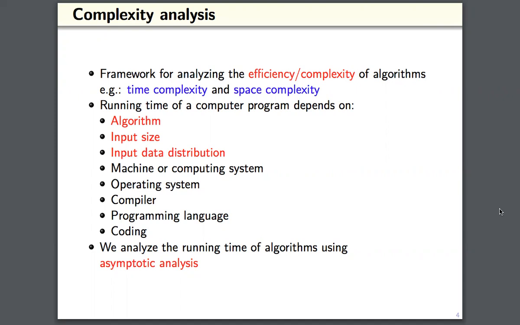The practical performance or runtime depends on the algorithm itself, the computer on which it is run. That means the RAM size, number of processors, and so on, right? It depends on the programming language. It depends on libraries. It depends on the compiler, right?